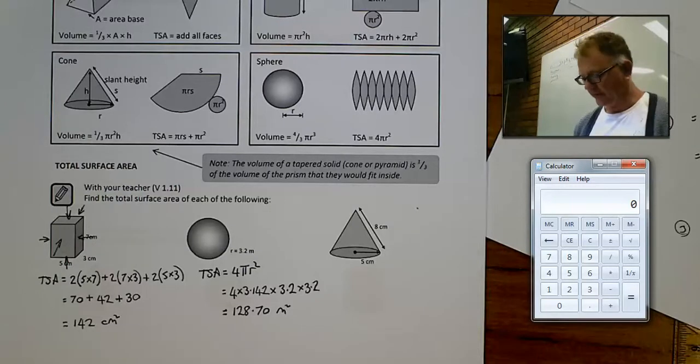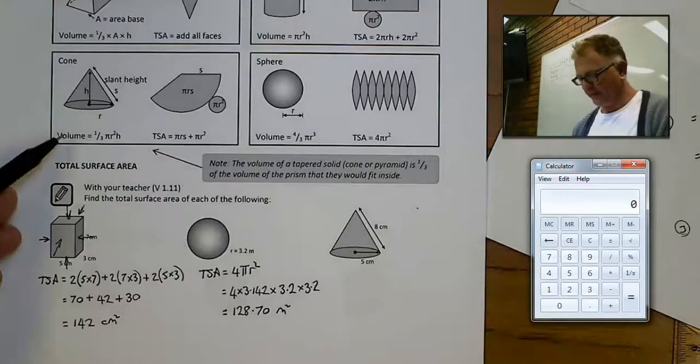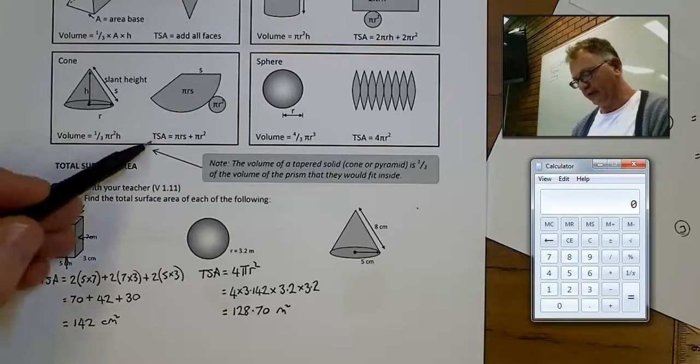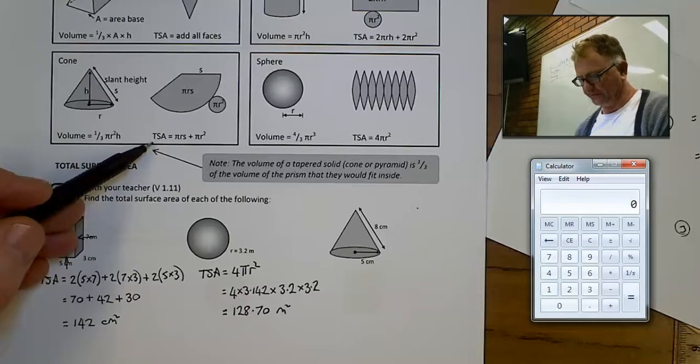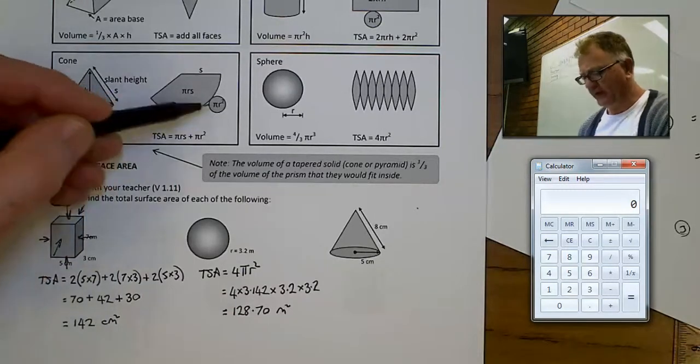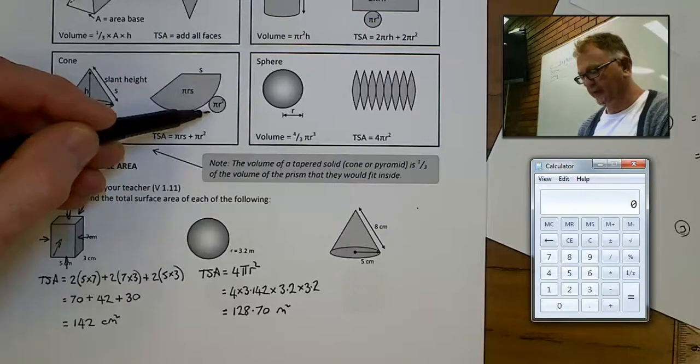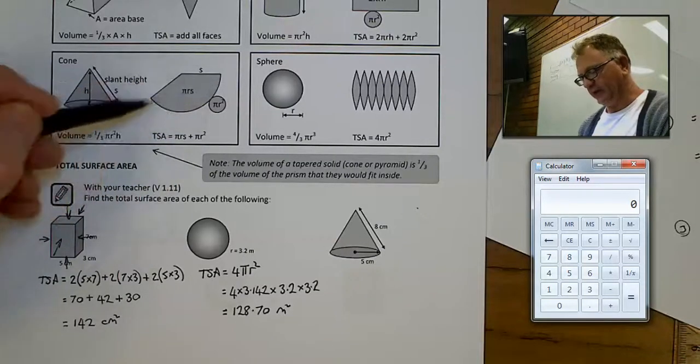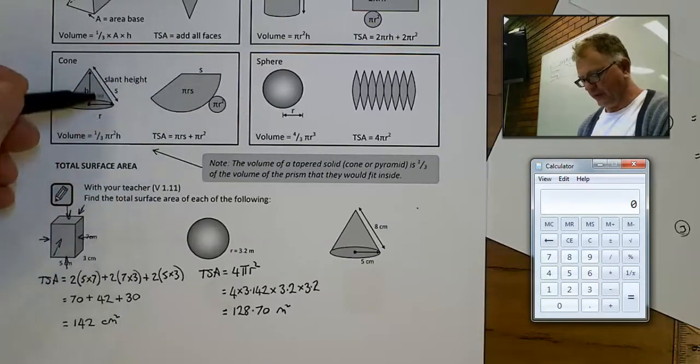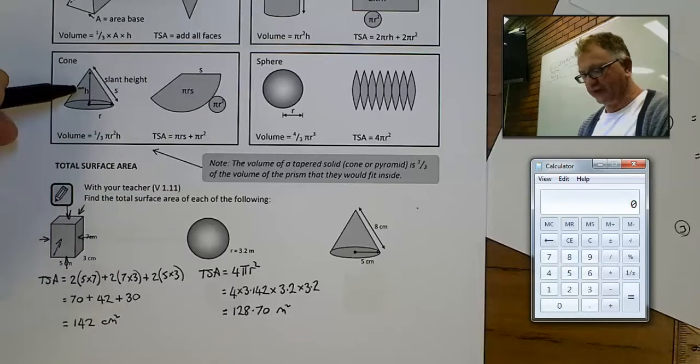Next one is a cone, and I think you can see here at the top of the page we've got a formula for the total surface area of a cone. The cone's made up of two pieces. It's got a circular base, so area pi r squared, and this fan-shaped piece which will fold up to make the cone side itself.